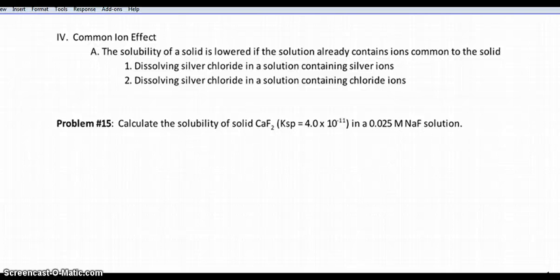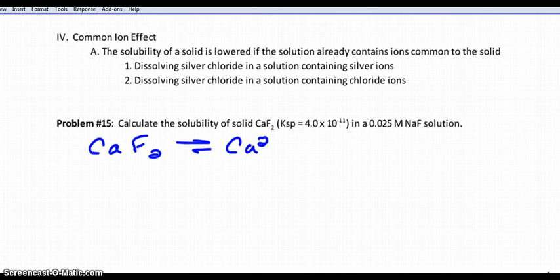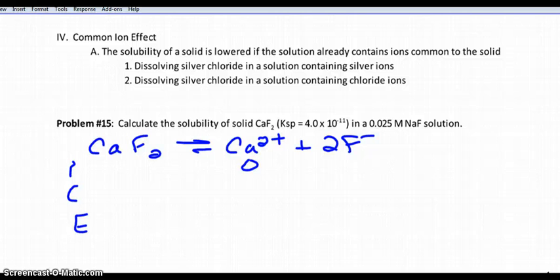So in problem number 15, just kind of follow along and see what I'm going to do. Start off with your KSP equation here and set it up like an ICE problem. So no, we do not have any initial calcium ions to start with, but we do have initial fluoride ions.